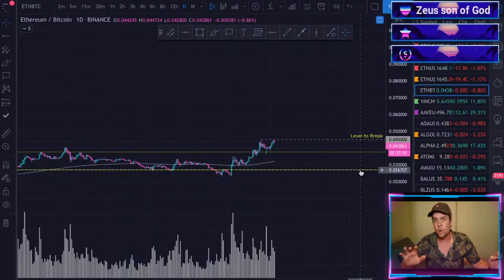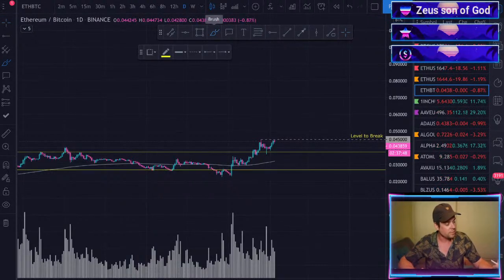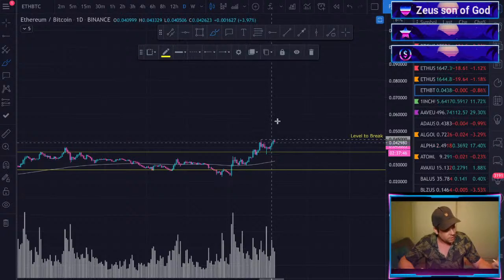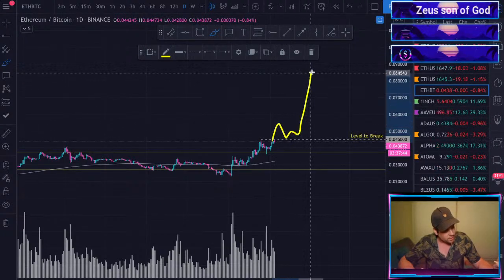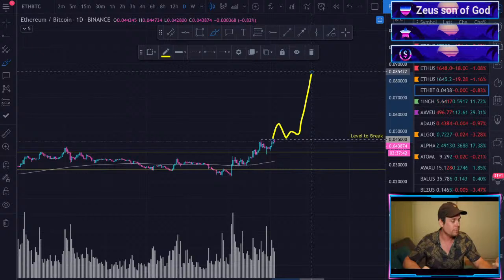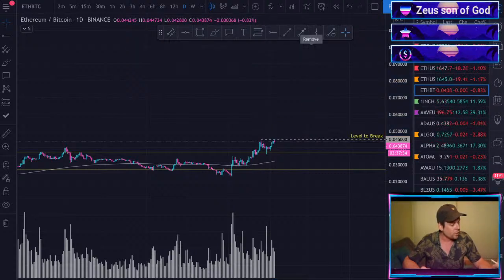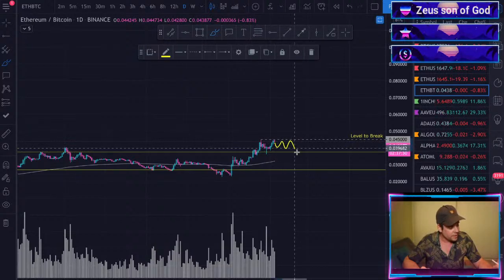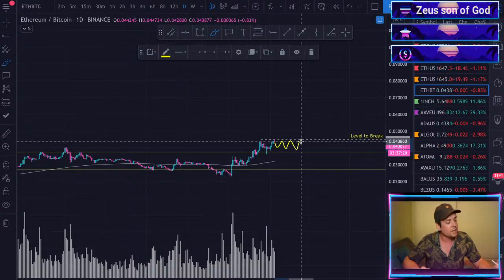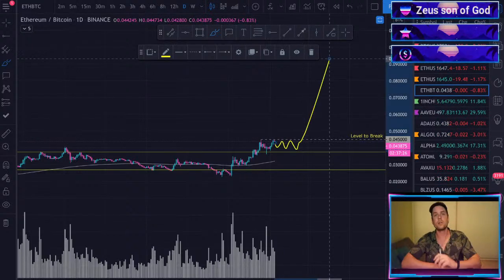It could very well break out from here, and if it does, that's going to be fantastic for the altcoins. If we do get a break above and then start to consolidate above that, that would be beautiful. But I'm not going to say that that's what we're ready to do just yet. We could also be looking at something where we just trade in this area as we work out our backup before getting the confidence in the space to make a move up.